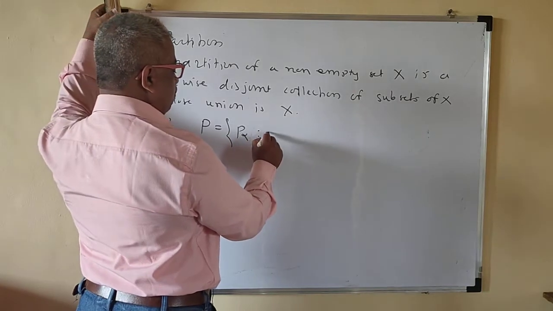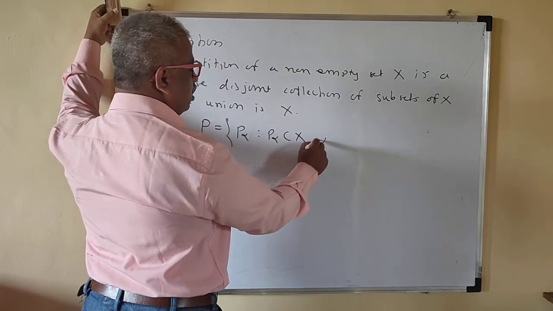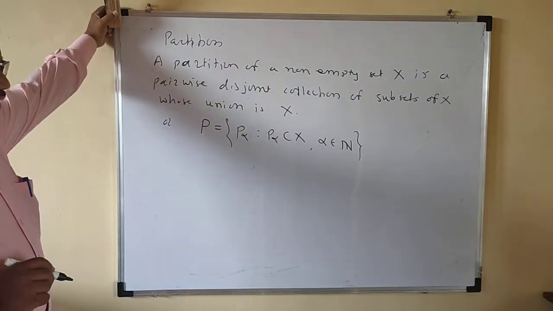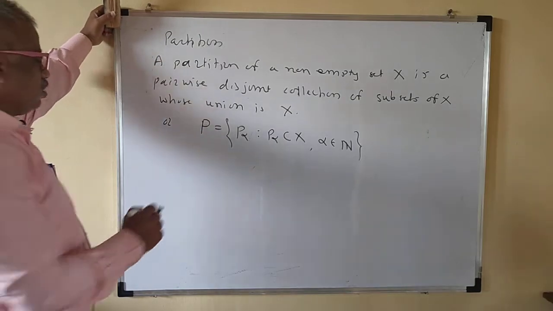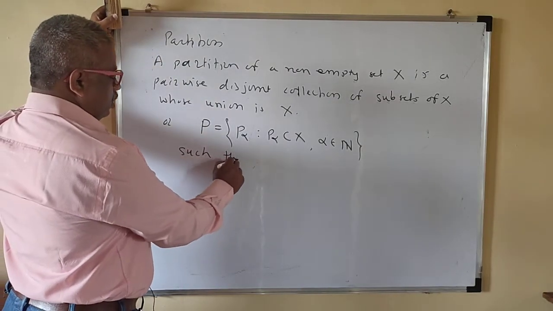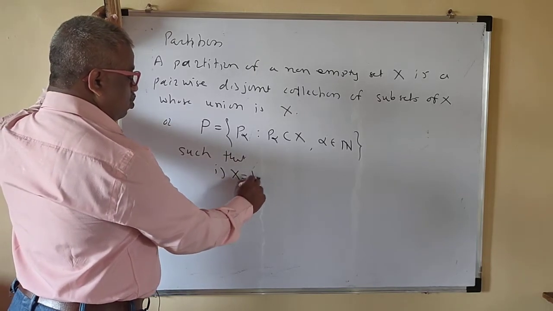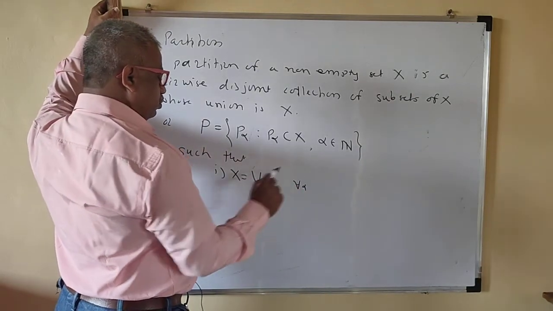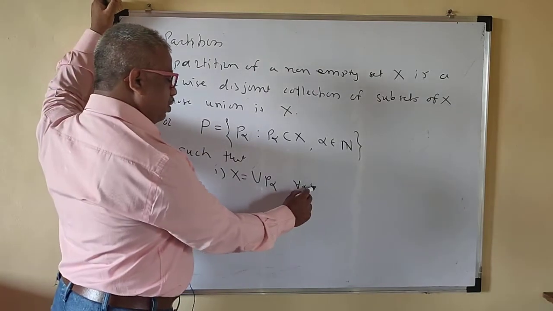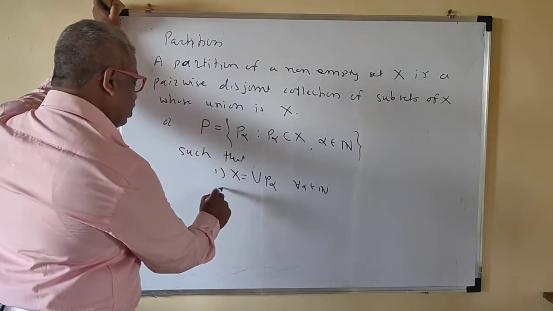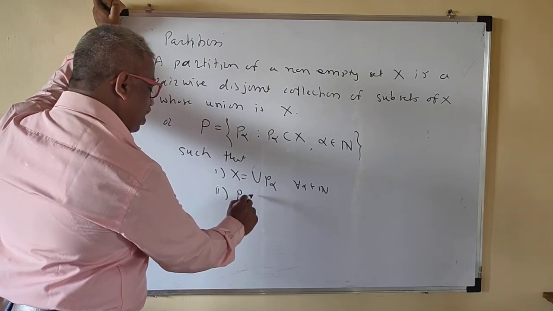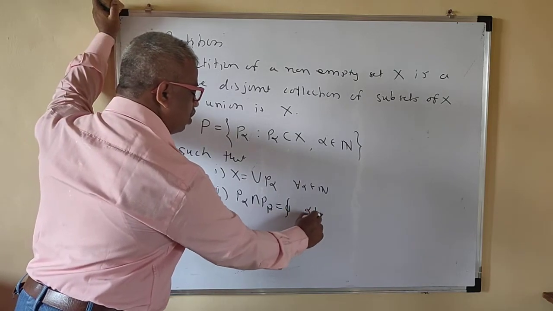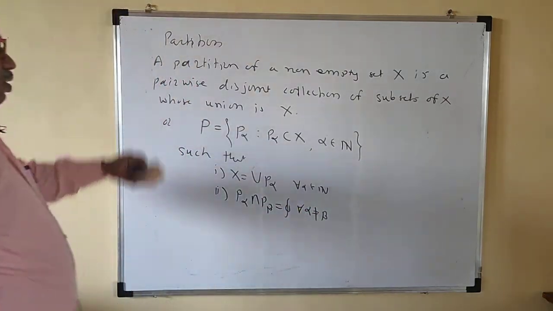P alpha is a subset of X, alpha belongs to N, the natural numbers, such that first, X is equal to the union of all P alpha, for alpha belonging to N. And second, P alpha intersection P beta is equal to empty for alpha not equal to beta.